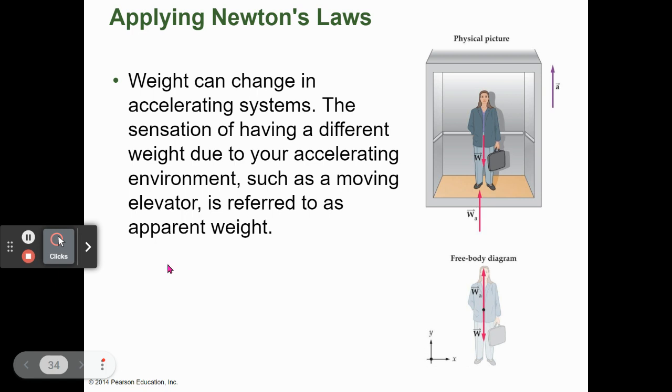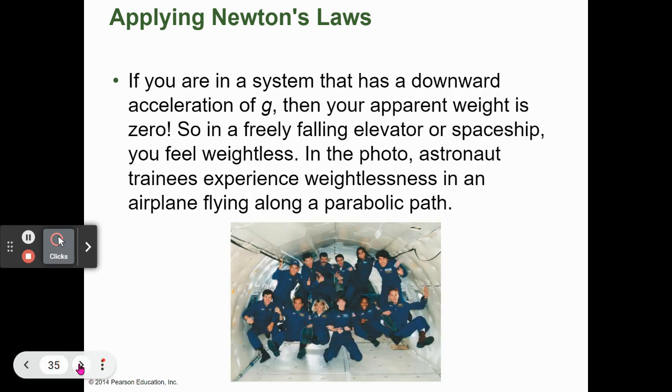You're just accelerating, and so your force is a little bit different. Okay? In the opposite direction, somebody who's training to be an astronaut has to get used to experiencing weightlessness, where you basically don't have any weight. That's why you're floating. And that's the same concept, but you're going in a different direction.